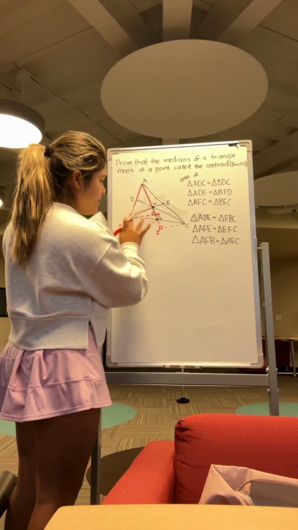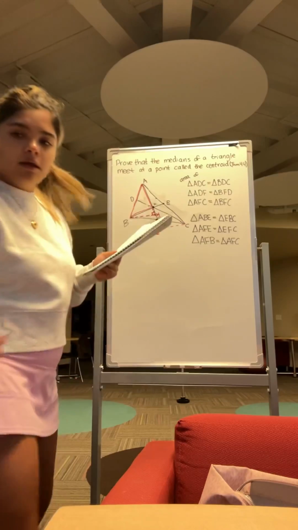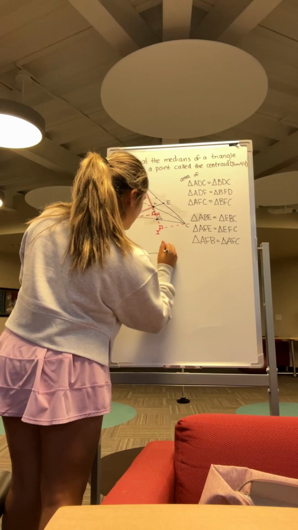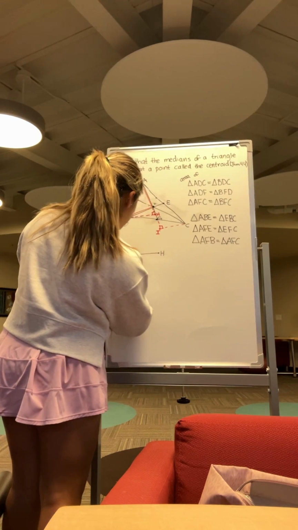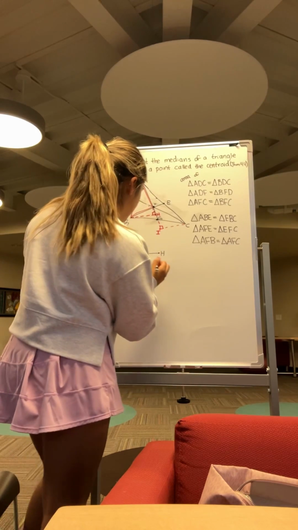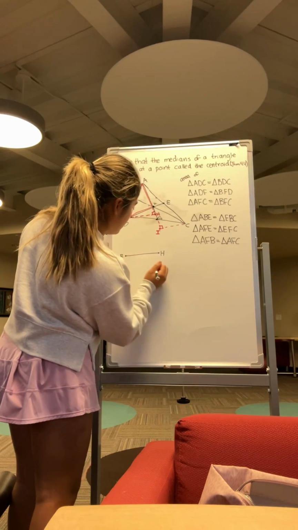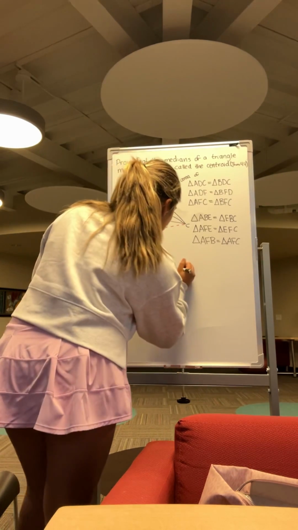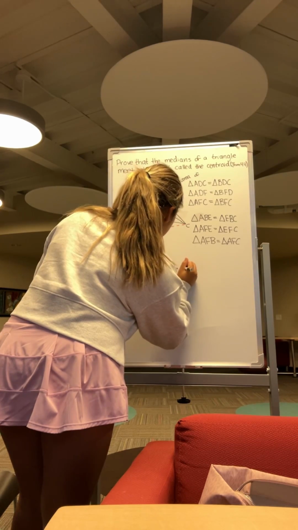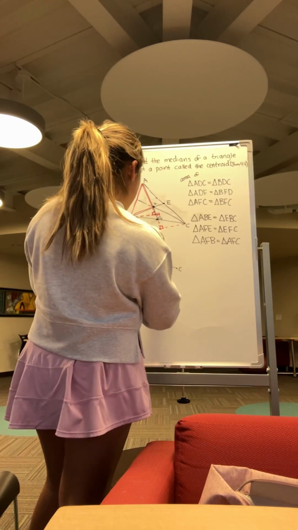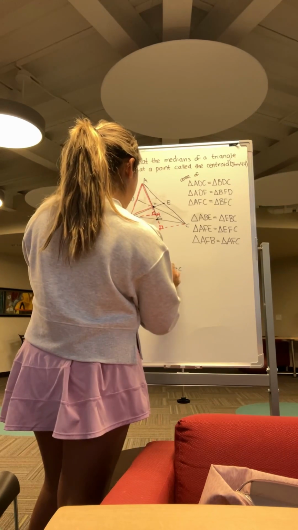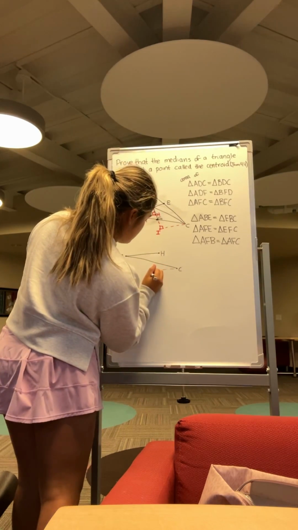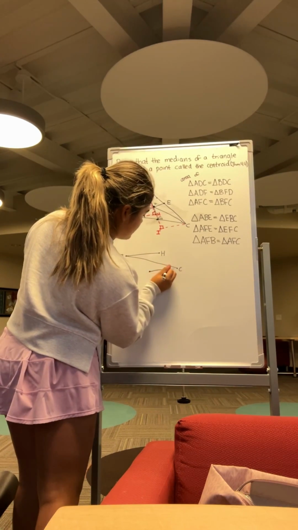Okay, so I will draw this segment right here separately. So this is going to look something like this, and then we're going to have C. Okay, this is not drawn to scale.